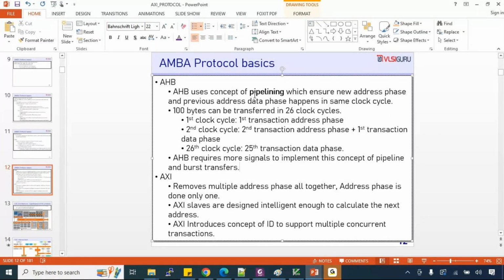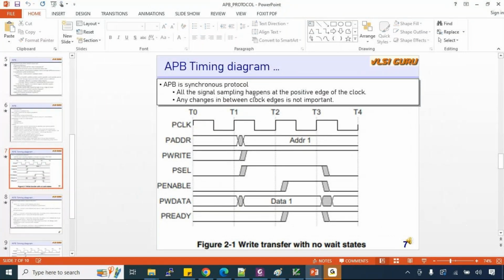Going back to this diagram, what could we have done to improve this protocol's performance? For the address phase that happened in T2, the data phase is happening at T3. And when will the next address phase happen in APB? At T4, at least T4, right?